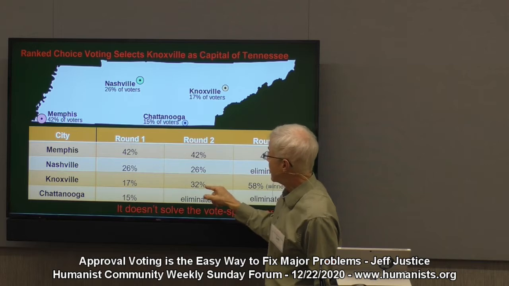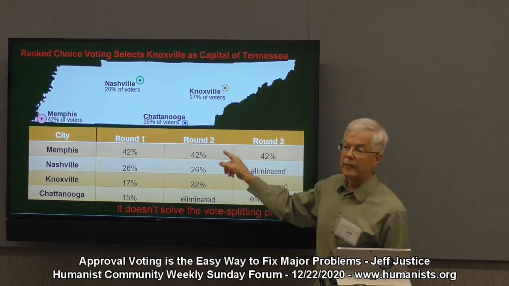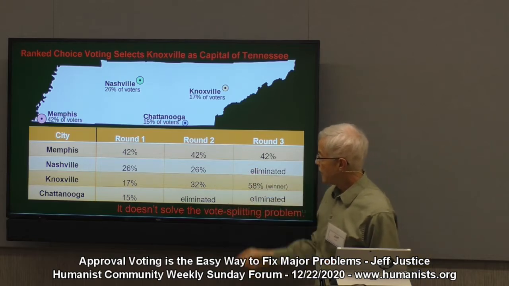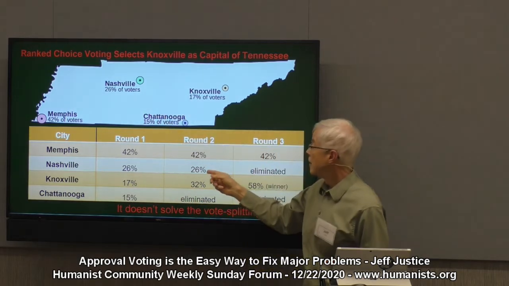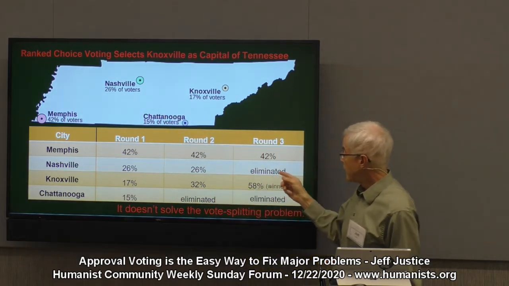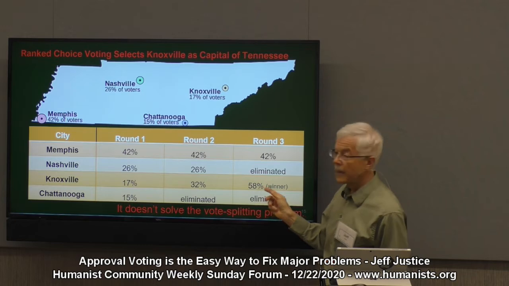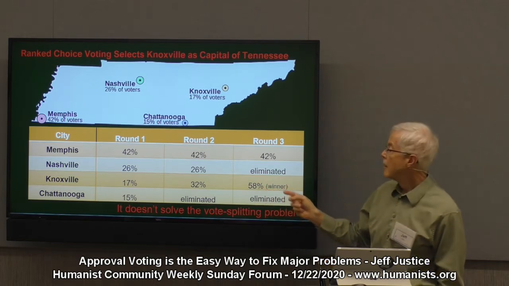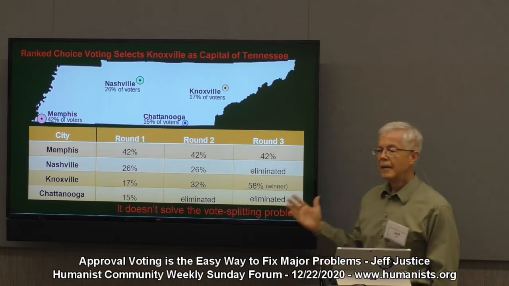So Knoxville rolls up to 32%. So in round 2 of the vote, Knoxville's at 32%, and that beats out Nashville. And so in round 3, Nashville's eliminated, and Nashville's votes roll over to Knoxville, so it ends up with 58% of the vote. And Memphis comes in second with 42%.